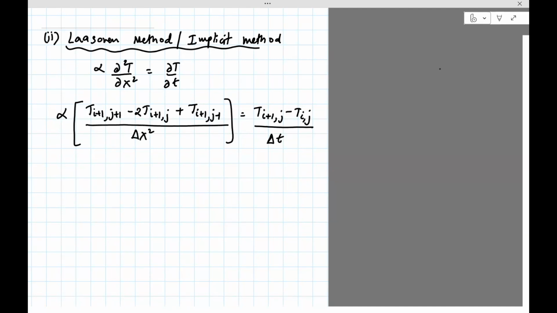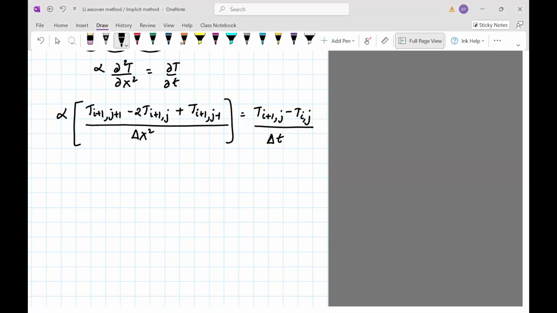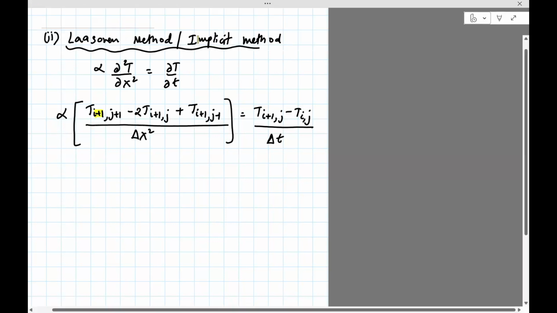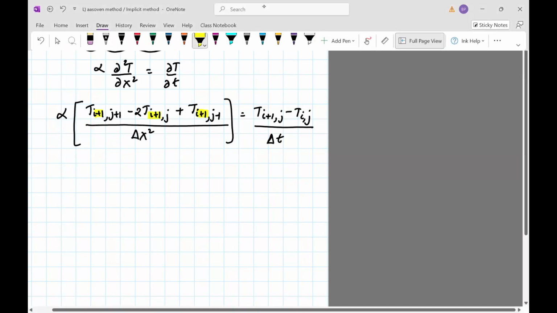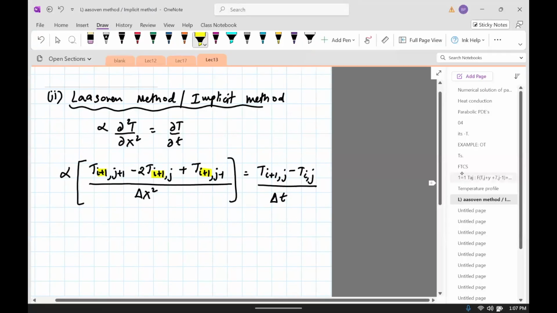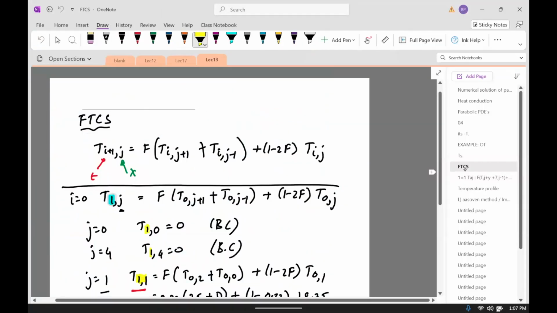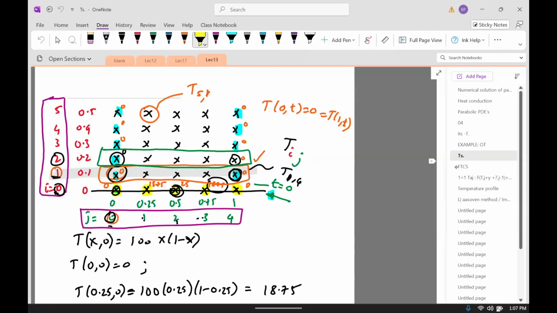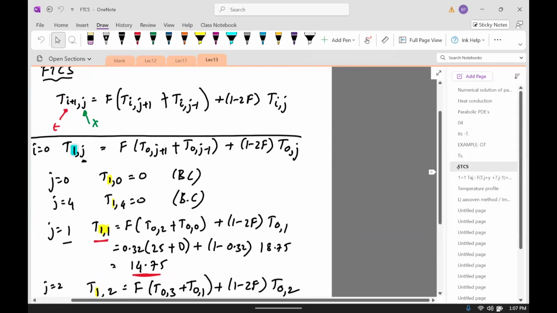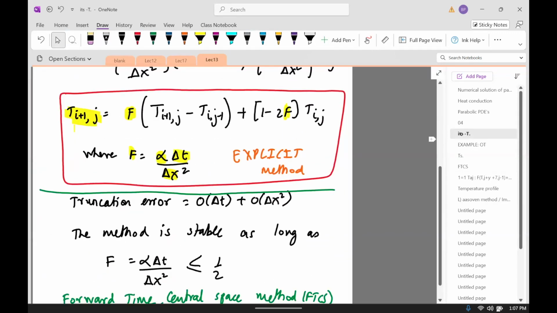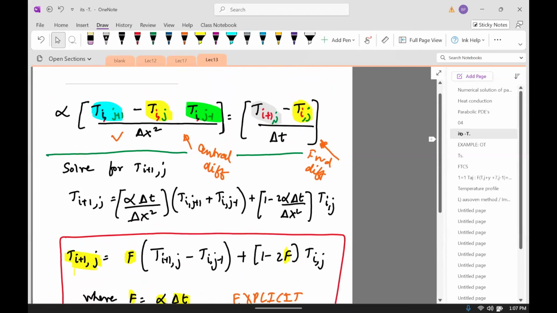So what is the difference between this formula and the earlier one? So here we have an implicit method. So notice that we have i plus 1, i plus 1, i plus 1 here. And if you go back to FTCS, here you'll see that we actually have i, and i.